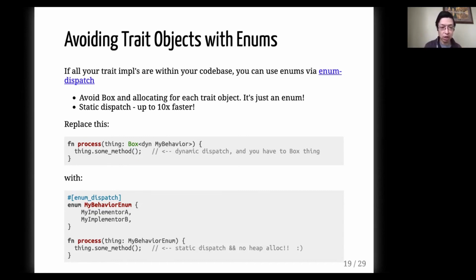So basically, you can change the signature to process MyBehavior enum, and you can still call the method on all the variants you pass in. This is a tremendous performance boost, and it reduces allocations too. I love it, and I use it in one crate of mine.